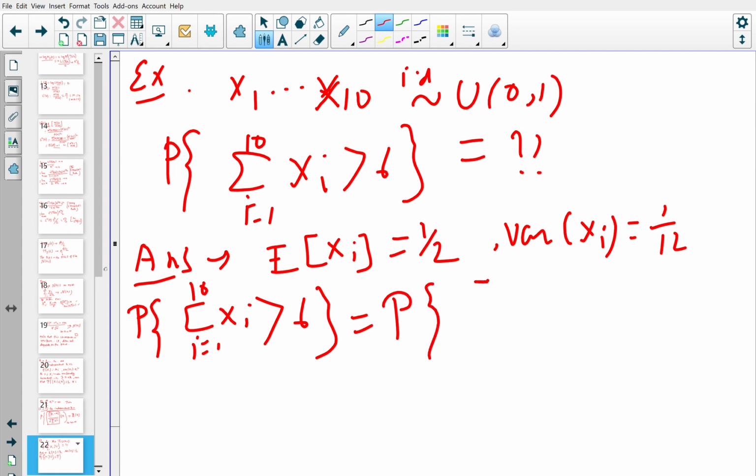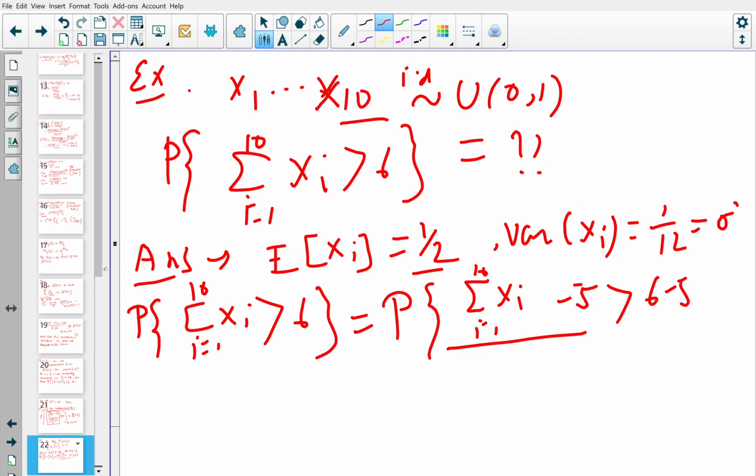So you can write down the xi's and then minus n mu, n equal to 10 and mu equal to half, so n mu equal to 5. So minus 5, and then this portion will be 6 minus 5, right? And then in the denominator, what was that? It was sigma times root n, right? But this sigma square is 1 by 12, the variance.